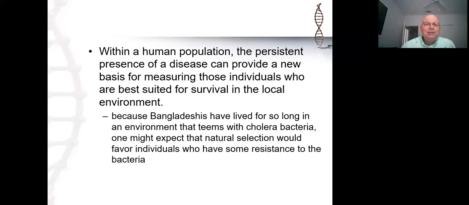And it is in the Indus River Valley that the cholera bacterium has lived amongst humans for a long period of time. We estimate somewhere between 20 and 30,000 years. Now, cholera is a lethal bacterium. It produces a toxin that causes the cells that line your digestive tract to leak fluids.